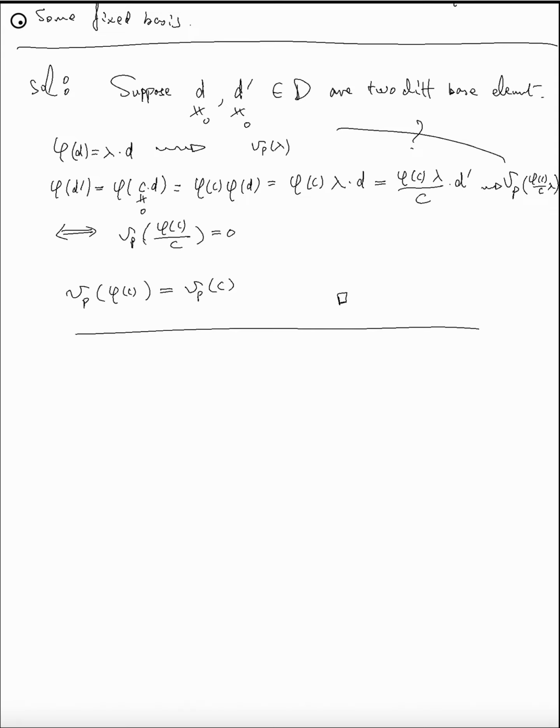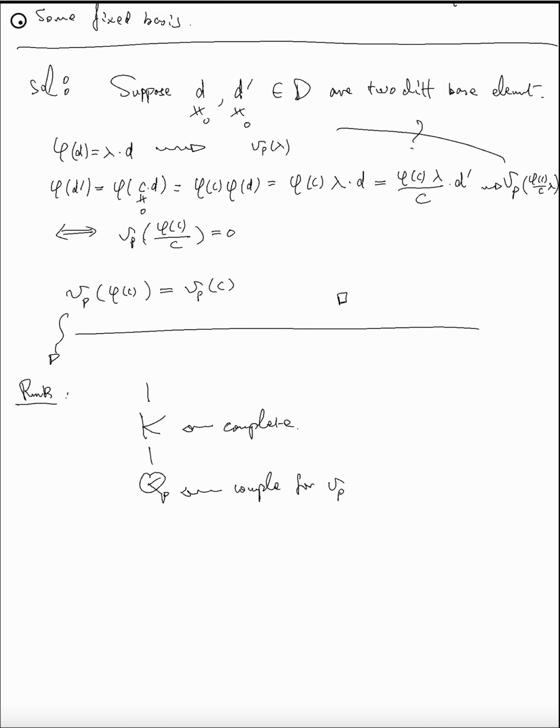Okay, that's done. But let me say something more about why this is true. This is because we are working with some local fields. So in particular, this is a complete field, actually already here complete for the p-adic valuation.